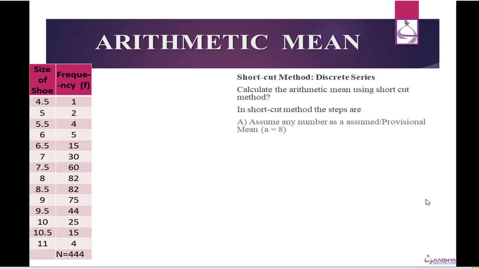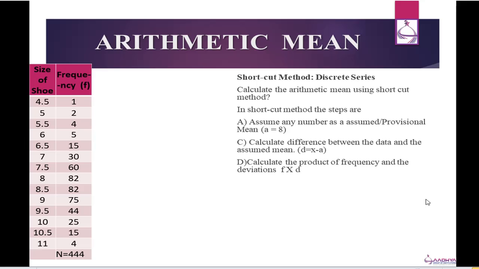The first step is we have to assume a provisional mean, which can be a part of the data observed, or it can be a number which is outside the observations. Here, for convenience sake, we assume that the assumed mean is 8 because it's the central value between 4.5 and 11.